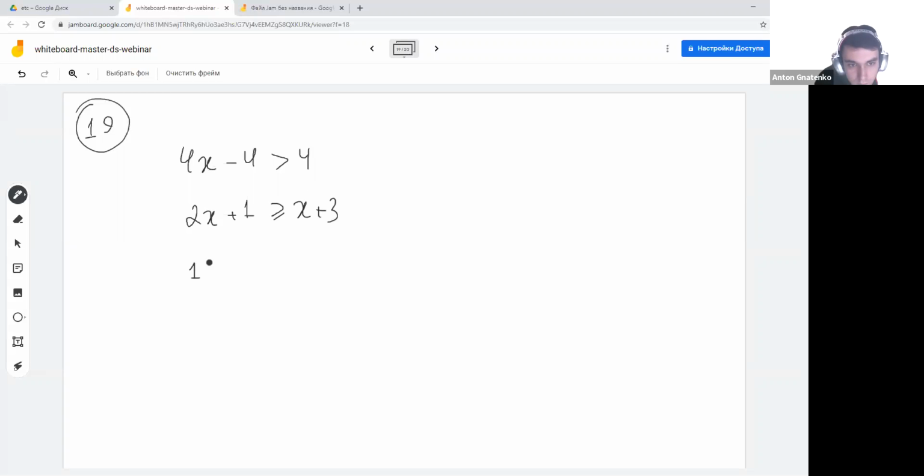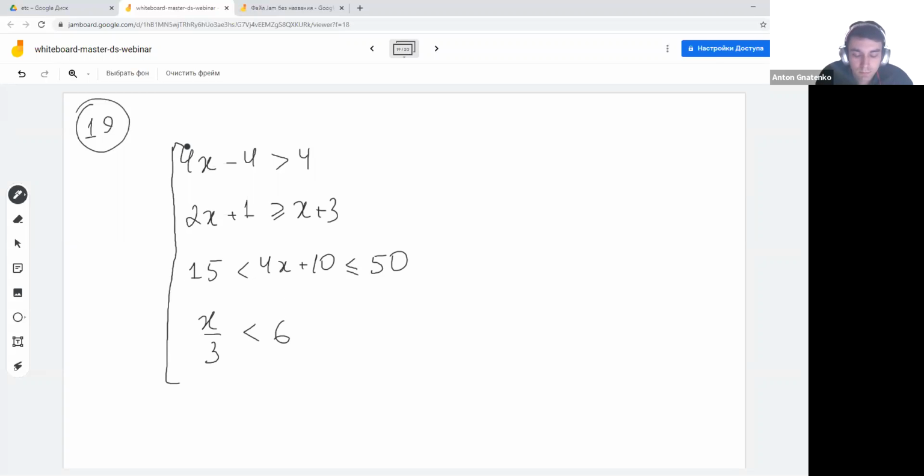Third, 15 is less than 4x plus 10, but 4x plus 10 is also less than 15. And x over 3 is less than 6. Now, these are the 4 constraints.